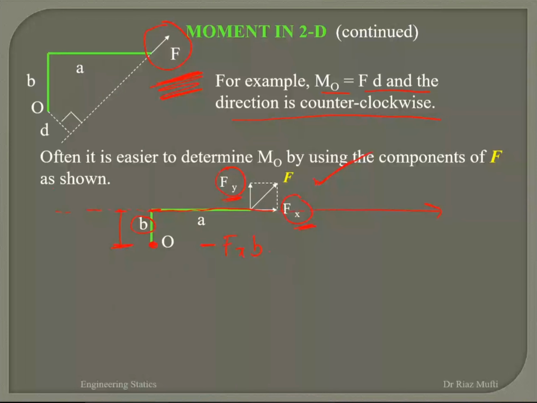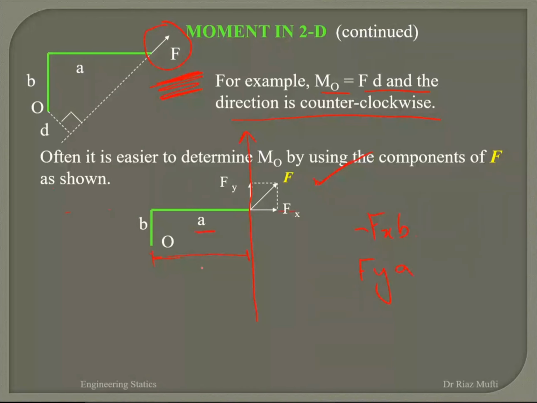And if I look at Fy, now let's look at Fy. So I've got my F, let me write this somewhere here, minus Fx times b. This is my force line for the Fy, and then its perpendicular distance from O. So that would be Fy times a.